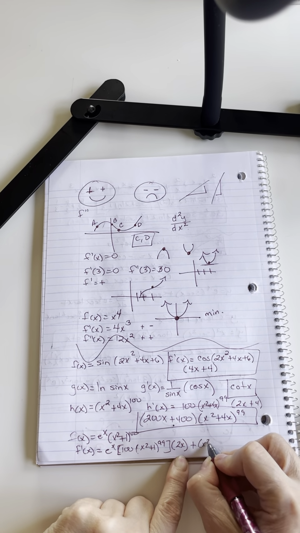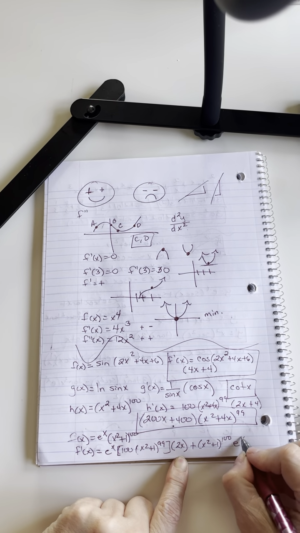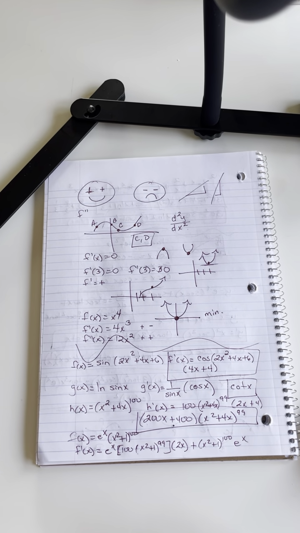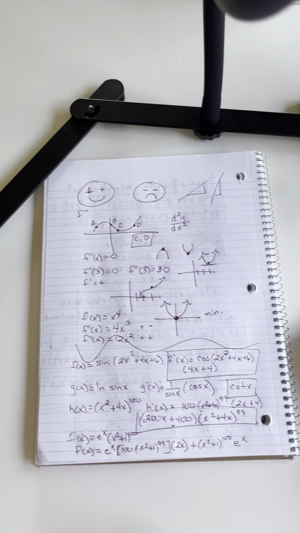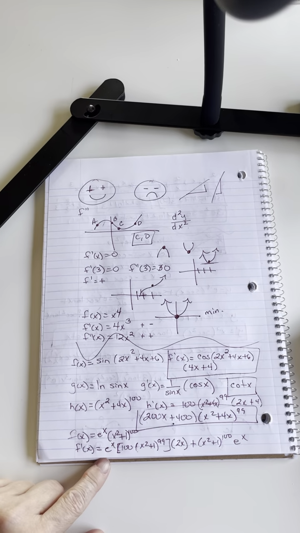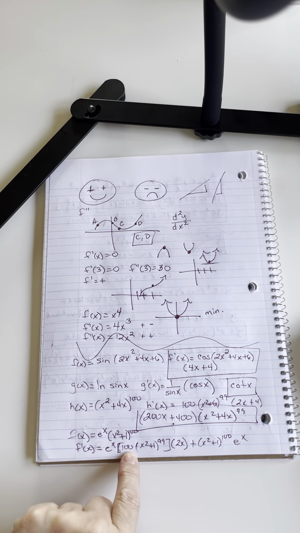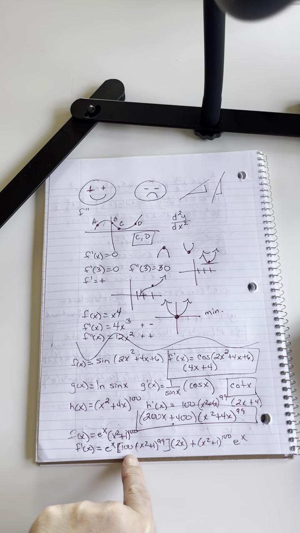The second one was x squared plus 1 to the 100th, derivative of the first one, which remains e to the x. Now, if you can simplify that, do, but I'm guessing, all right, so e to the x, then they wrote, oh, I might have written that 100 e to the, oh, how did they simplify this thing?